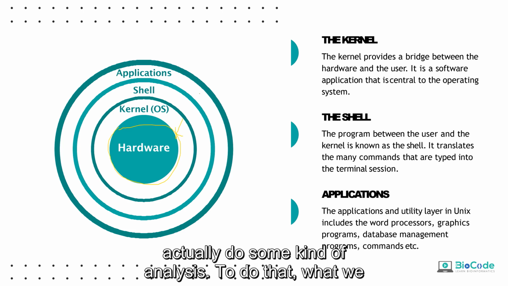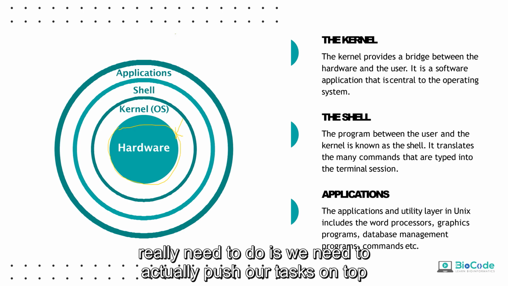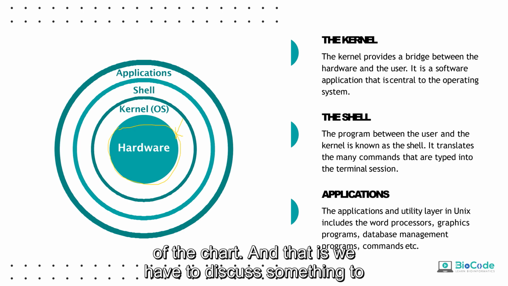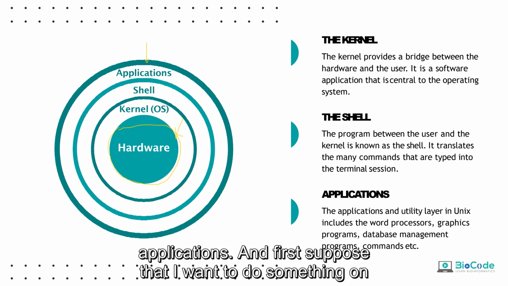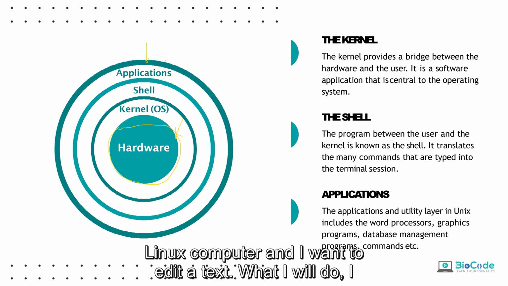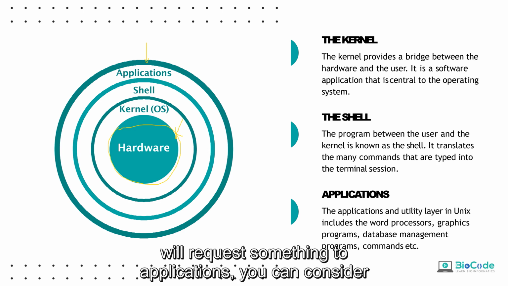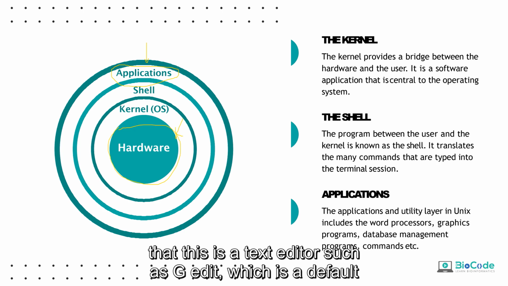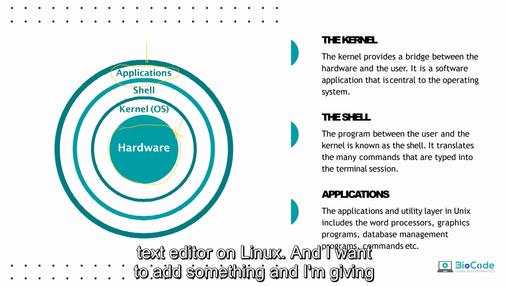To do that, we need to push our task from the top of the chart, that is, we have to give the request to applications. Suppose I want to do something on a Linux computer and I want to edit a text. I would make a request to an application, a text editor such as gedit, which is the default text editor on Linux.